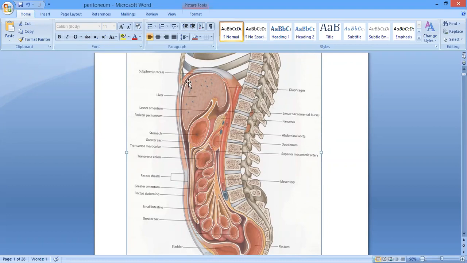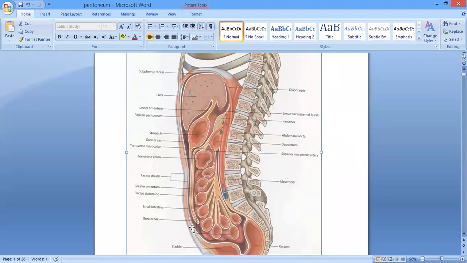So the inner surface of the diaphragm over here, and from here it is going to reflect, and then it is going to be continuous with the visceral peritoneum. So it is going to line the inner surface of the diaphragm, then the walls of the abdominal cavity, and the walls of the pelvic cavity.